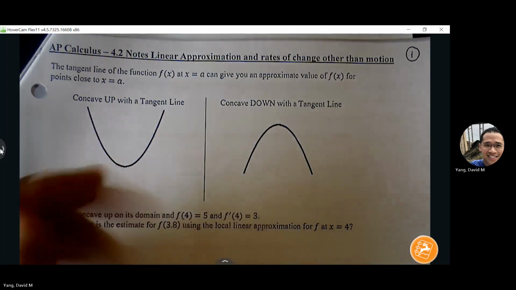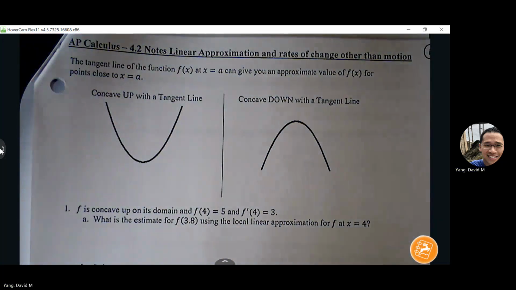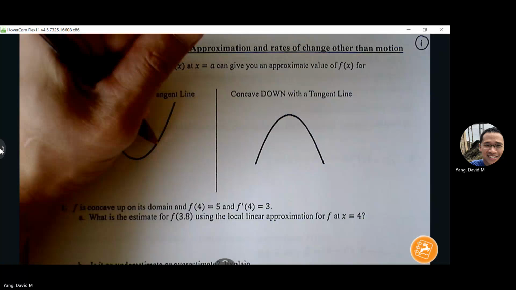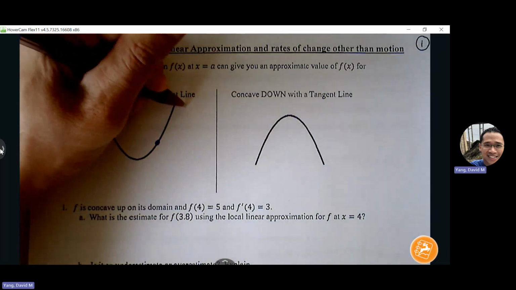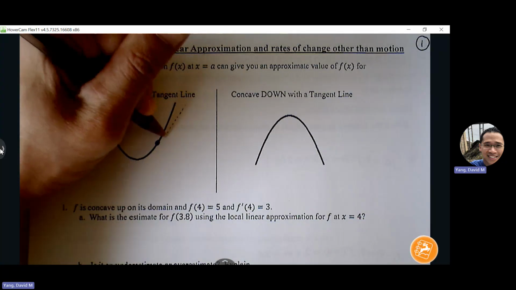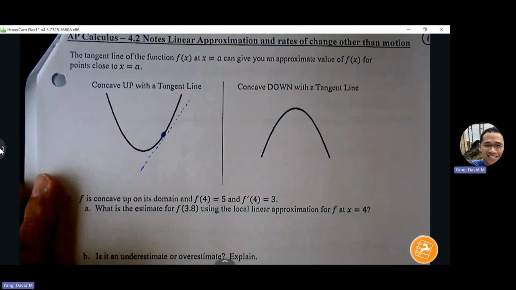So let's say we have a tangent line. And it skims the surface of the curve. And it shares the same point. It shares the same slope as that curve.